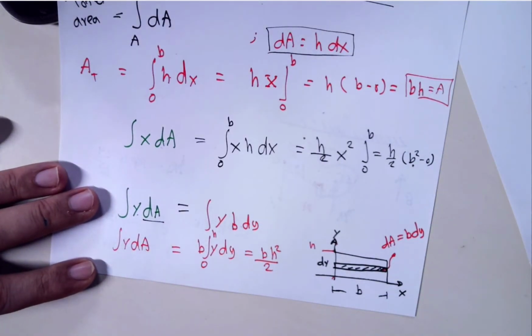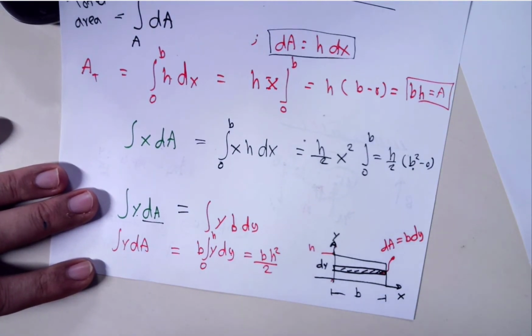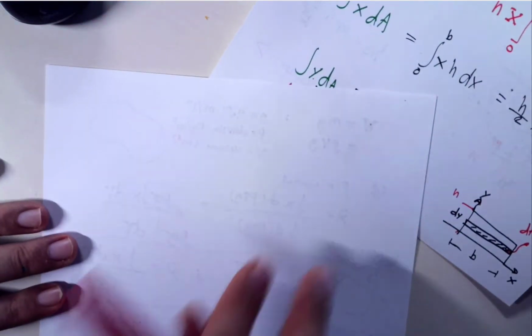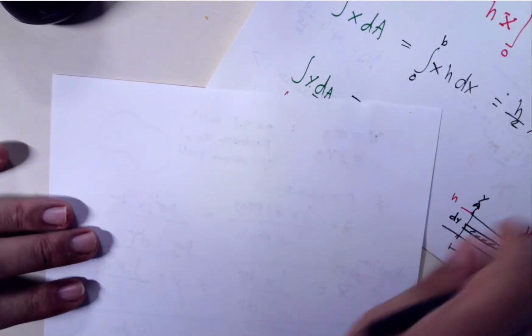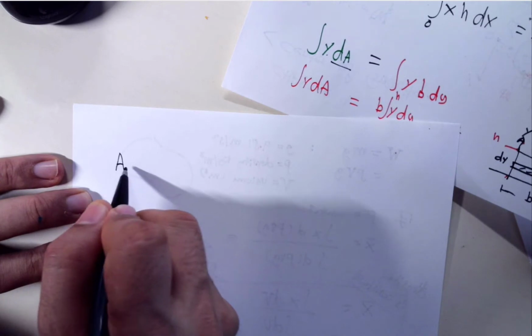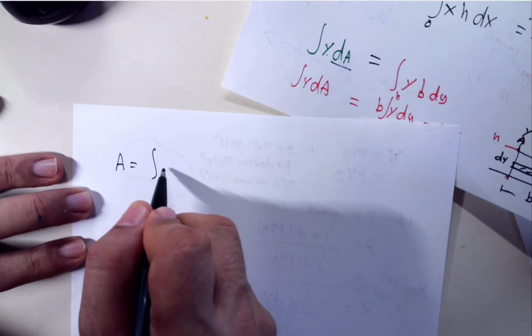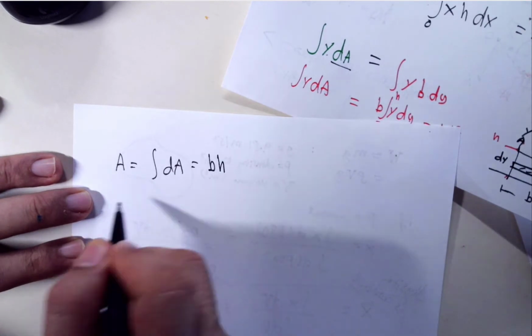Great. So in summary, let me summarize the values. What we got first, I got the total area, which is the integration of dA. This was b multiplied by h.